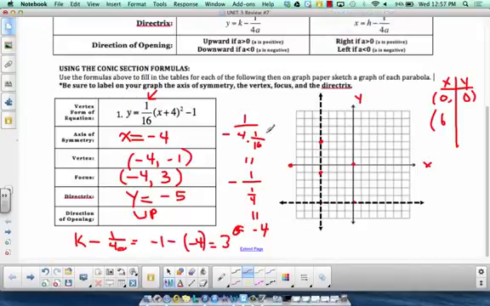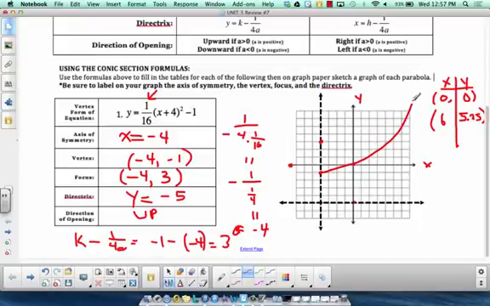When we take 100 and divide by 16, we get 6.25. 6.25 minus 1 is 5.25. Now I'm out here at 6, and I go 1, 2, 3, 4, 5, and a little bit. Then I just draw my curve.